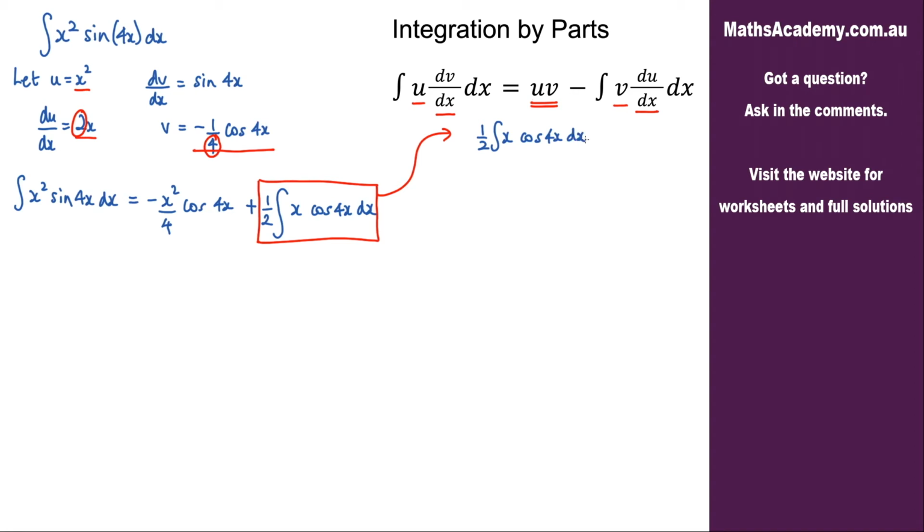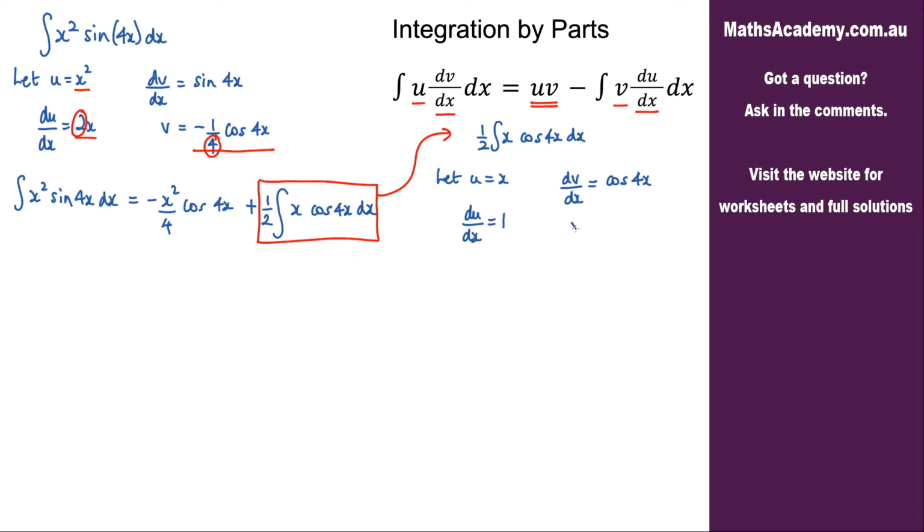And again, we can use integration by parts. So we can let u equal x and dv by dx will be equal to cosine of 4x. Differentiating here, du by dx will be equal to 1.